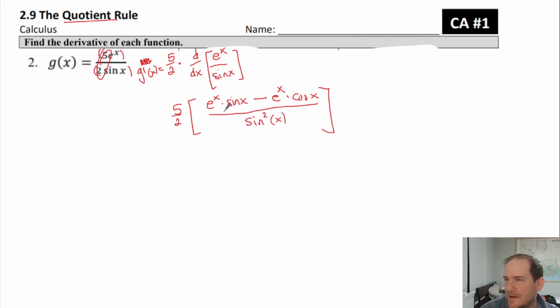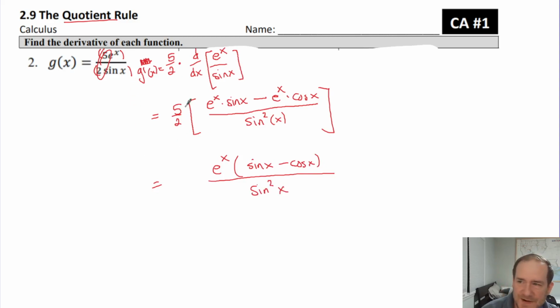All right, and then looking at this, if we're going to clean this up, I see an e to the x that I can factor out to be left with sine x minus cosine x. And I'll put that all over sine squared.